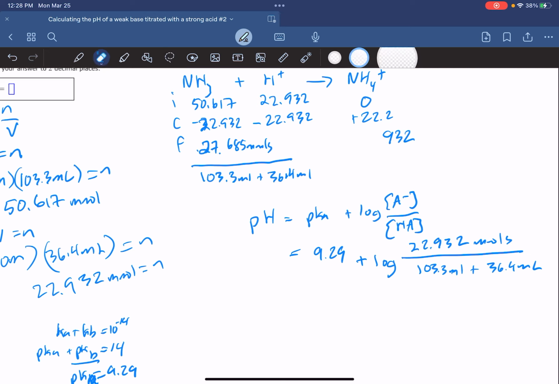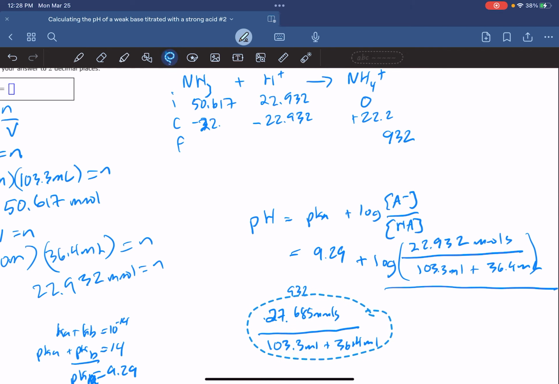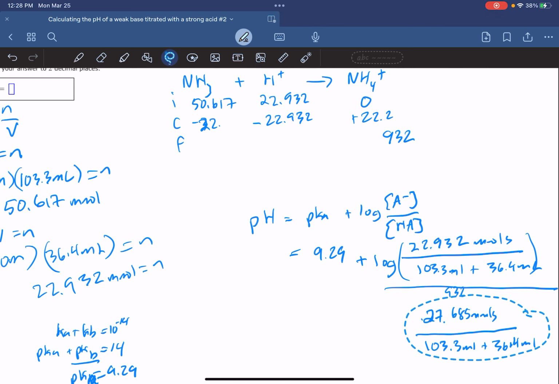This is going to go on the top, and all of that is going to be divided by all of this, which I'm going to write and bring down here. And remember that this log is the logarithm of this entire thing.